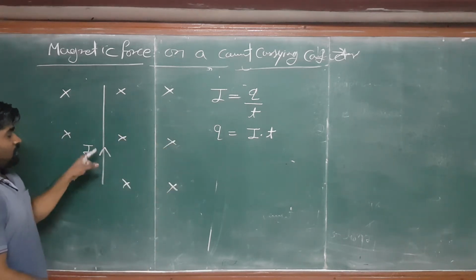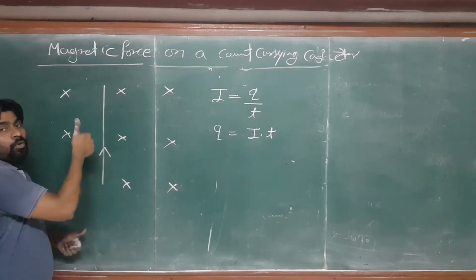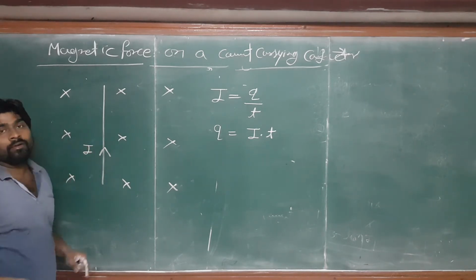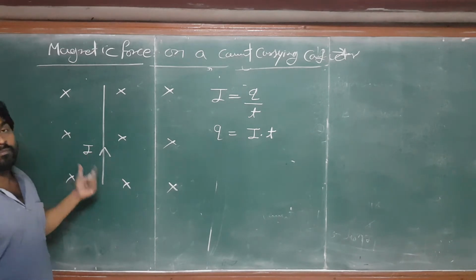So this is the current carrying conductor, and the current is going up, and the magnetic field is going inside. So that means they are perpendicular.